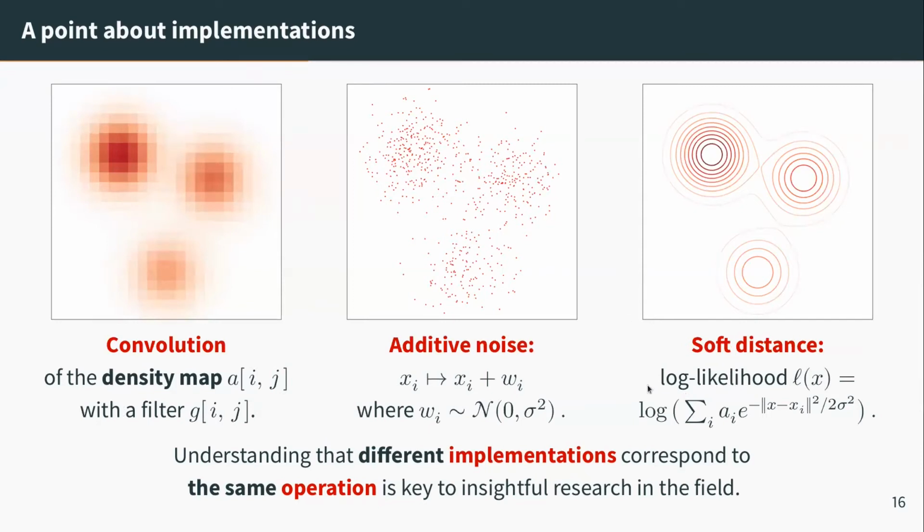Then if I look at the function L of x, which is a log of the sum over i, so 1, 2, 3, there are 3 terms in this sum, of the weights a_i times a Gaussian. I have forgotten the 1 divided by square root of 2 pi, the normalization factor. Let's forget about that.